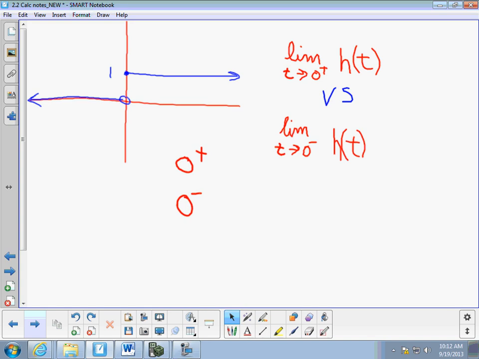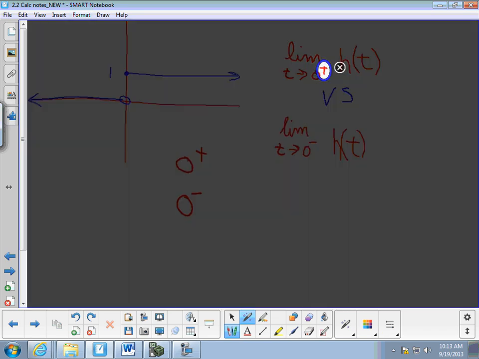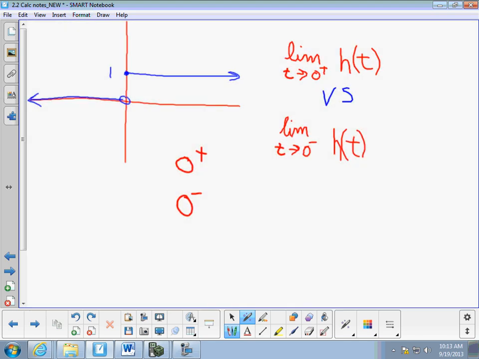Look at how I've written this, though. The subtle difference is this little plus sign right there. You read that as the limit as t approaches 0 from the right. Because of that little plus sign, it's as t approaches 0 from the right.